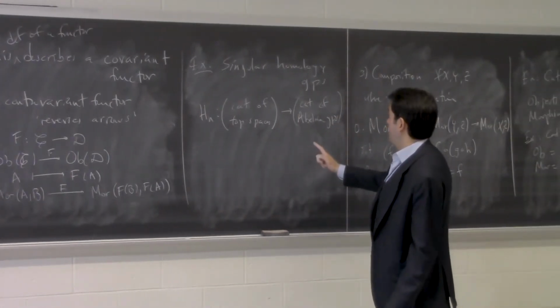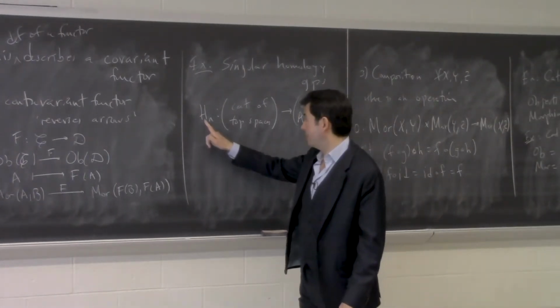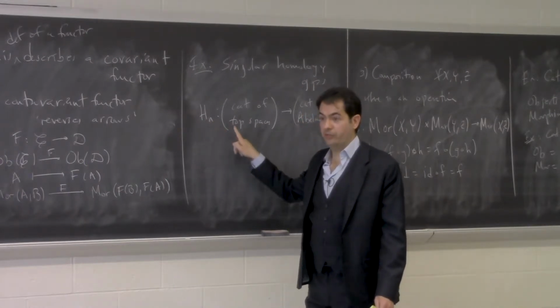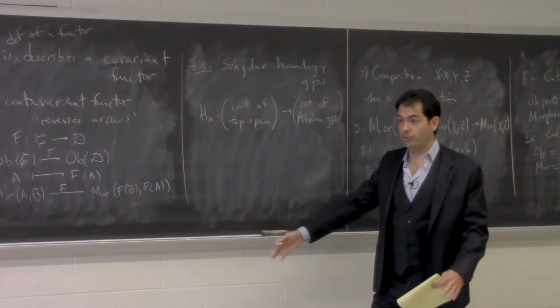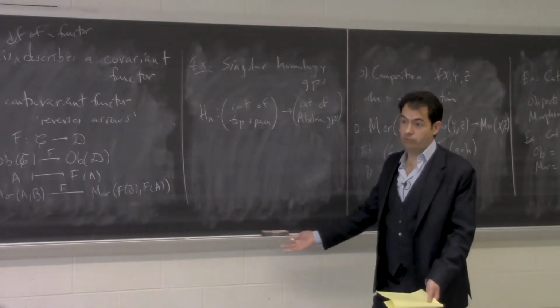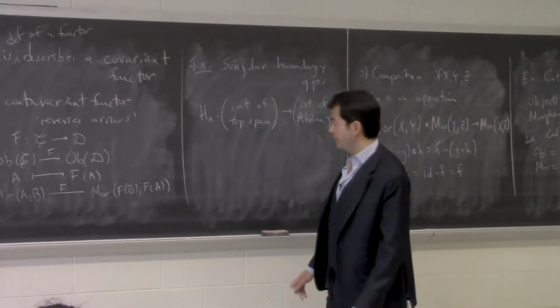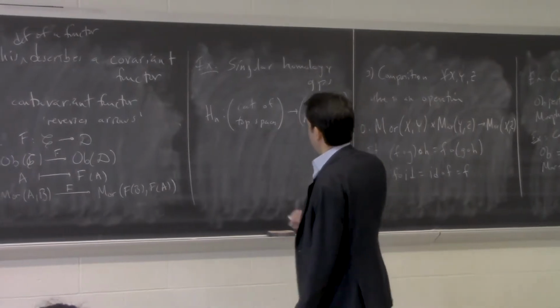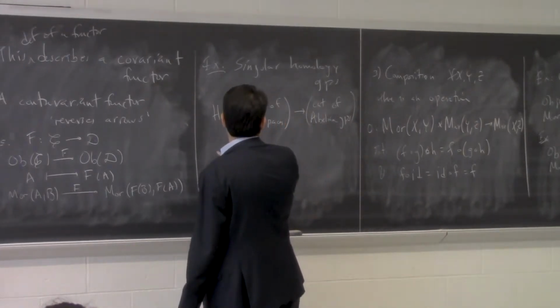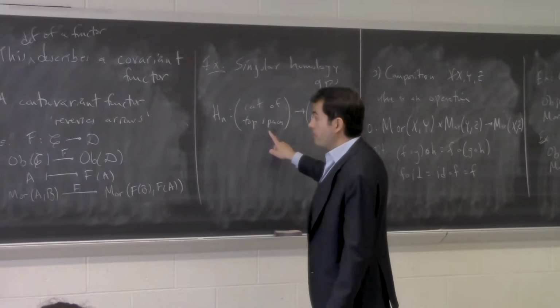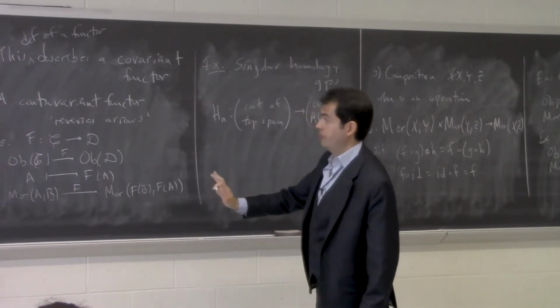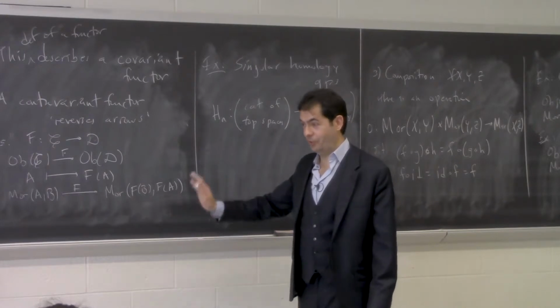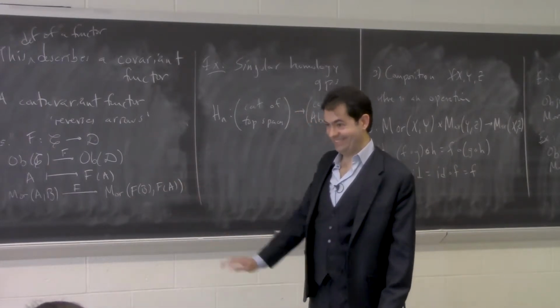What we're going to do is consider the individual homology groups as functors. You can consider the whole sequence of homology groups as a single functor if you wanted to. Right now we're just going to talk about covariant functors.